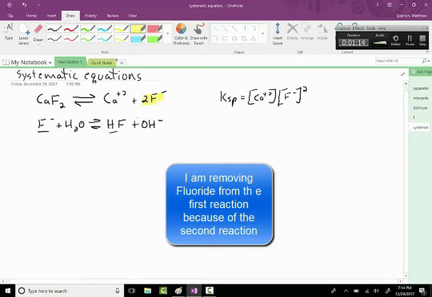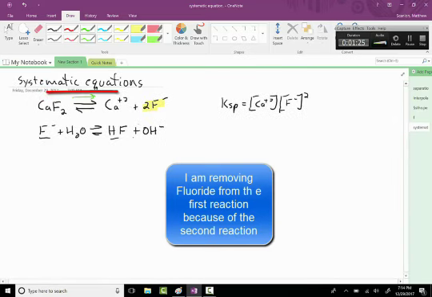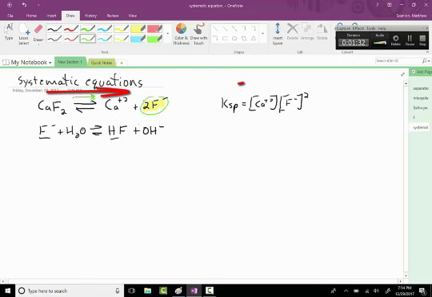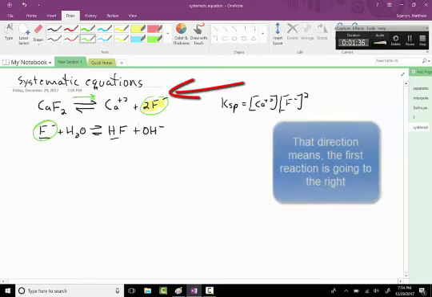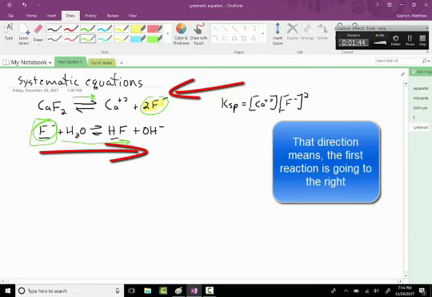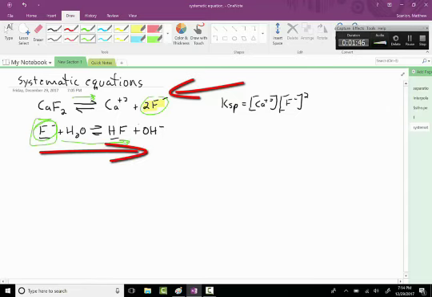So the calcium fluoride reaction is going to tend to go that direction. And because I'm removing fluoride here, Le Chatelier says it will go that direction, which makes more fluoride, which puts more fluoride in here, and which means this one's going to go more. So Le Chatelier's principle's coming into play here.